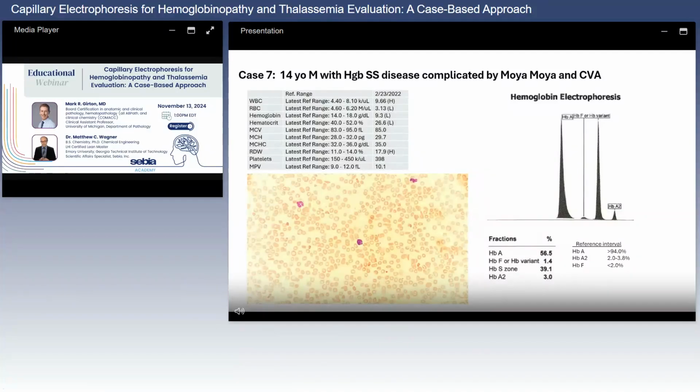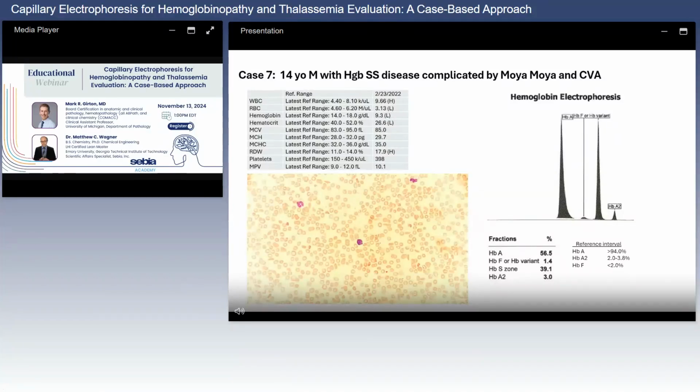And in the smear micrograph here, we see quite a bit of anisopoikilocytosis of the red cells. That's a way of saying many different sizes and many different shapes. And some of those shapes include these elongated sickle type cells that you may see scattered around the smear. So that would be consistent with the patient's hemoglobin SS.